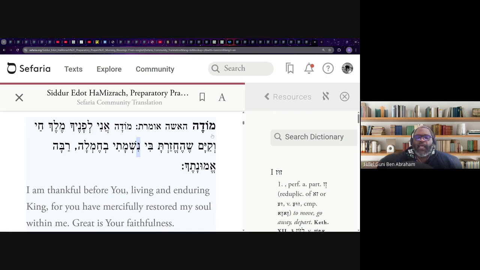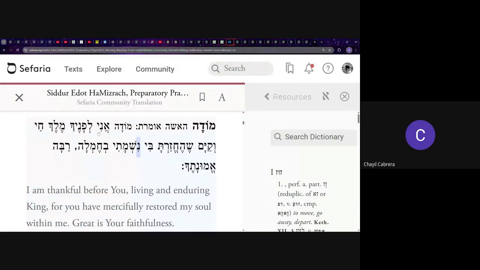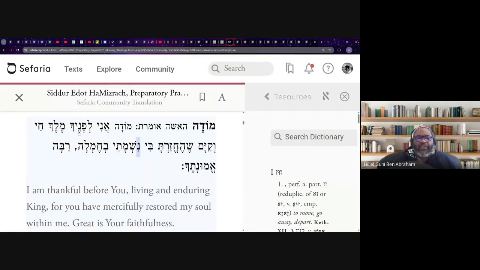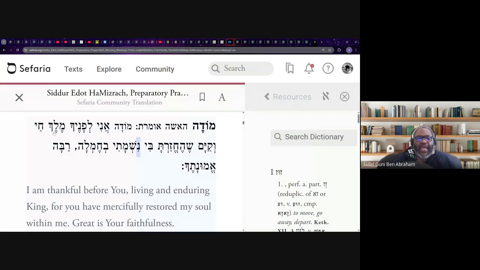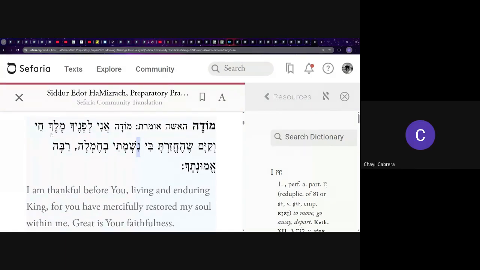Let's read from the beginning. Modeh ani lefanecha melech chai vekayam. Now it gets interesting.